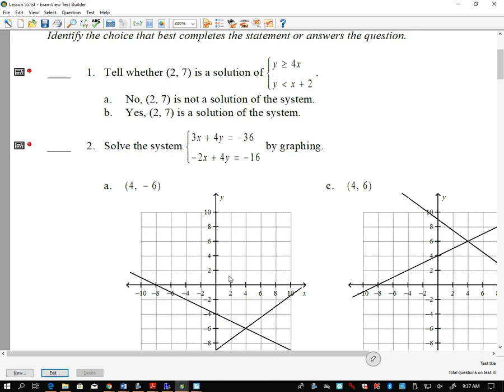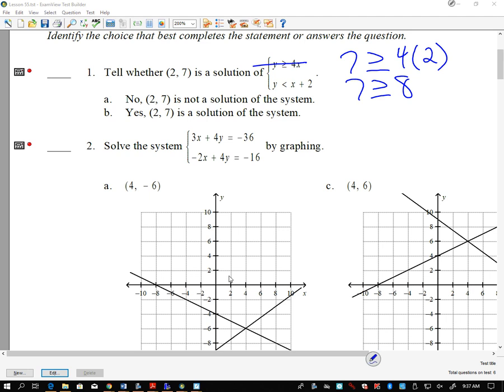What would I do with this 2 and 7 in the first equation? Substitute. What do I substitute in for y? 7. Is 7 greater than or equal to 4 times 2? Is 7 greater than or equal to 8?